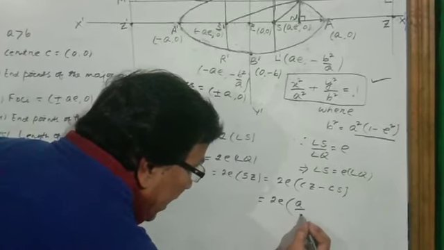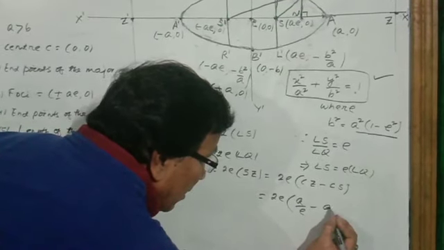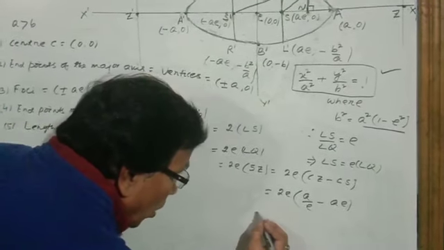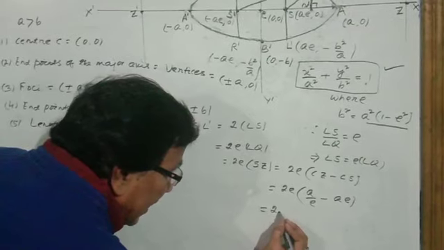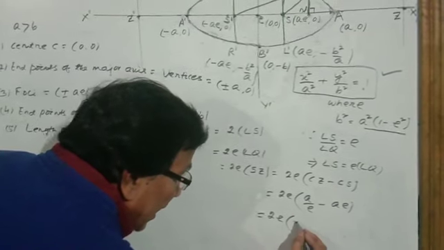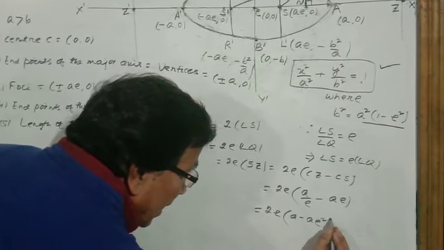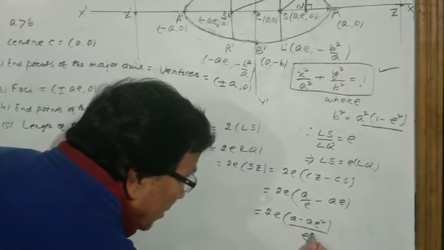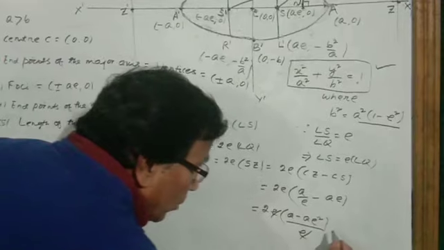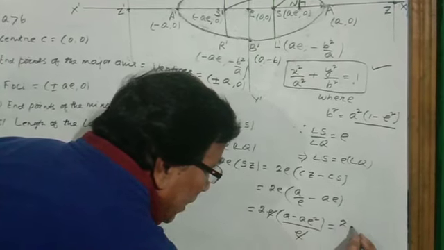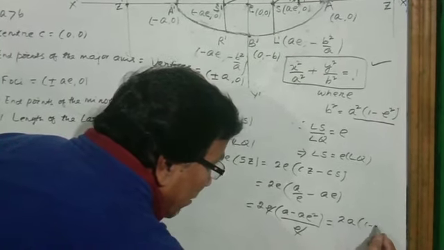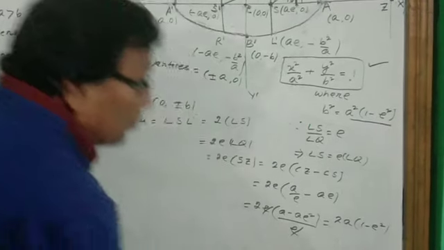CZ is equal to A by E minus AE. On simplifying this, we get 2E into A minus A square divided by E. So E cancels out. We get 2 into A taking common, it is 1 minus E square.